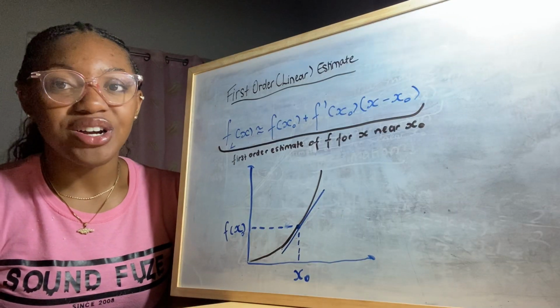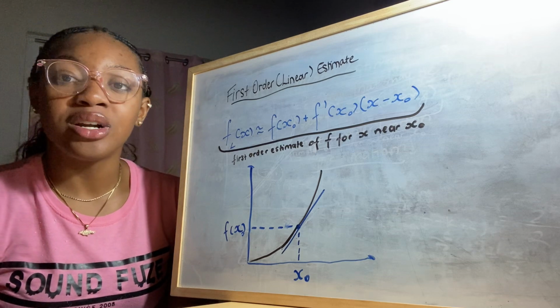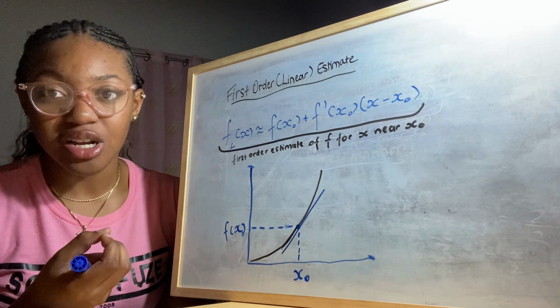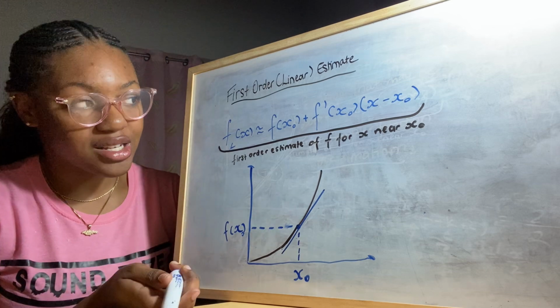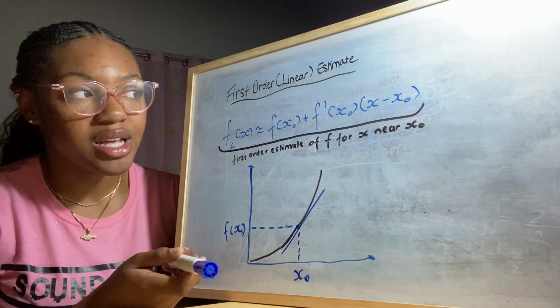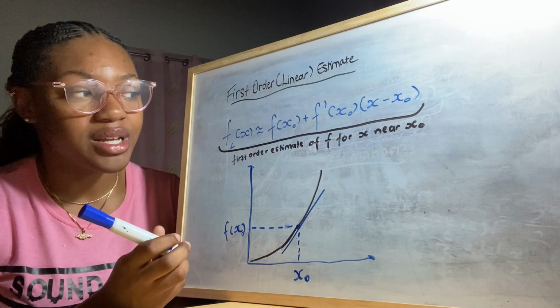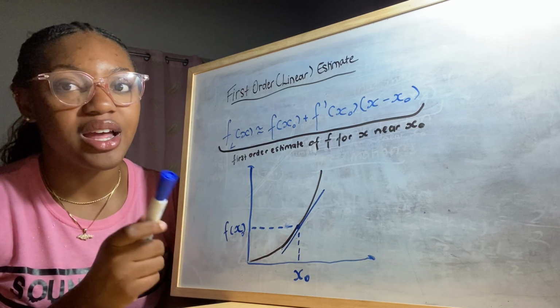So here we have our first order linear estimate general equation. In order to determine that simpler function, we have f of x naught plus f prime of x naught times x minus x naught. And this is the first order estimate of f for x near x naught.